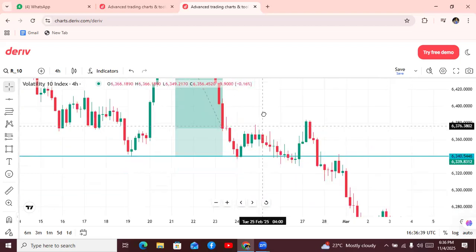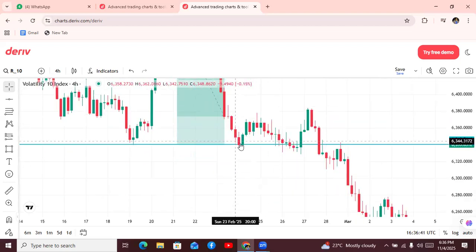Then look at this. What candlestick pattern would this be? Bullish engulfing. Not really.